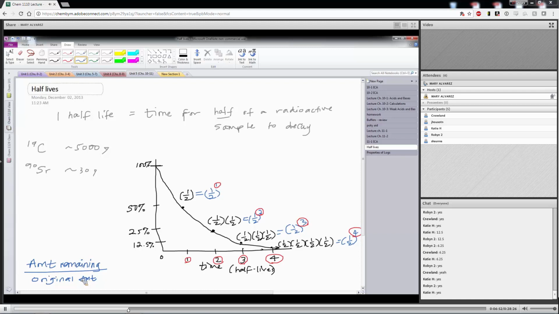The fraction that remains, like 0.5 or 0.25 or 0.125. This is going to equal 1/2 raised to the number of half-lives which have elapsed.